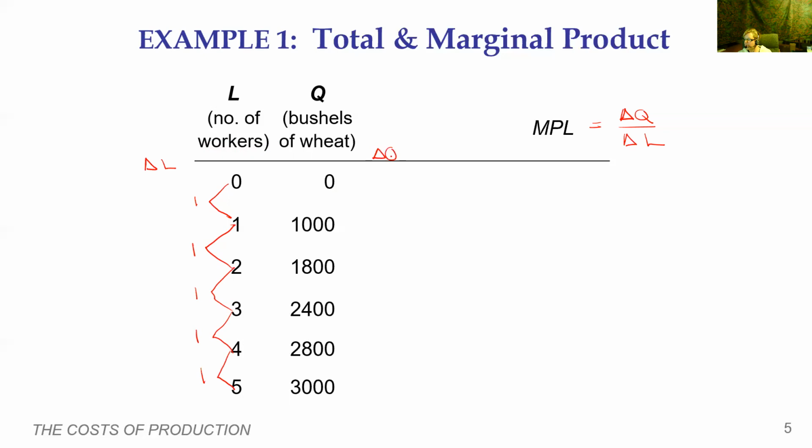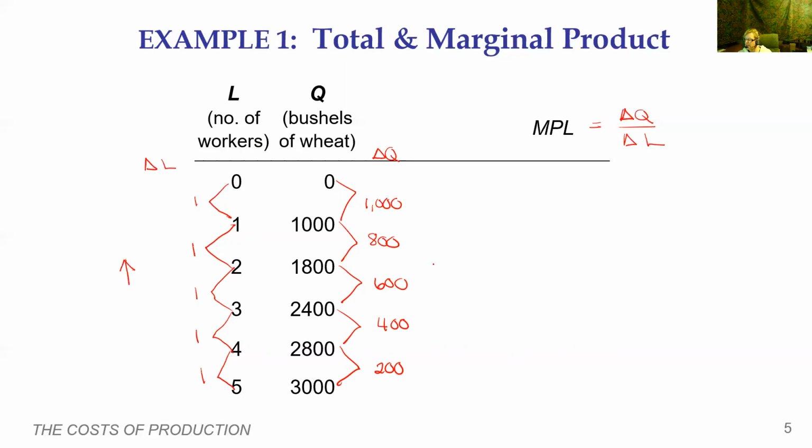So change in quantity says we went from 0 to 1,000, that is a benefit of 1,000. We went from 1,000 to 1,800, change 800. 2,400 minus 1,800, change is 600. 400 and 200.